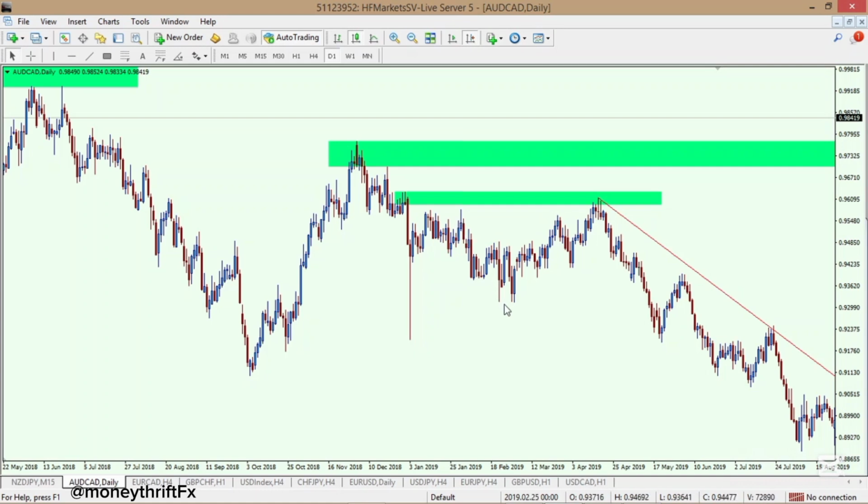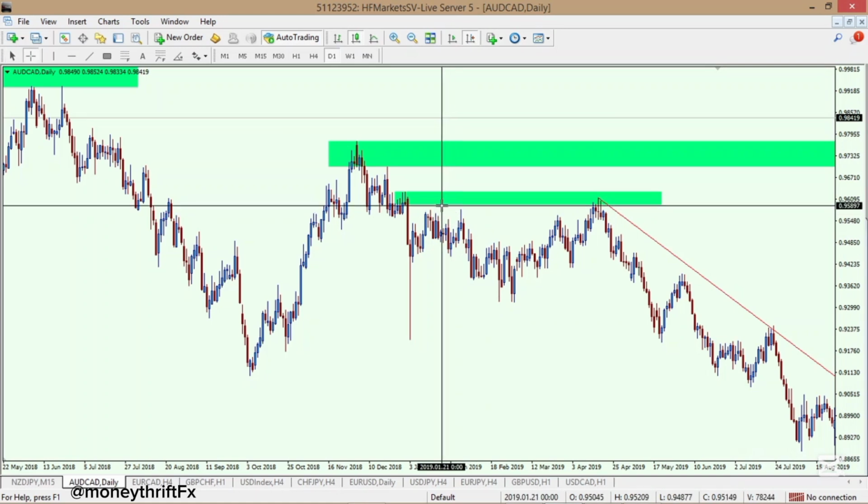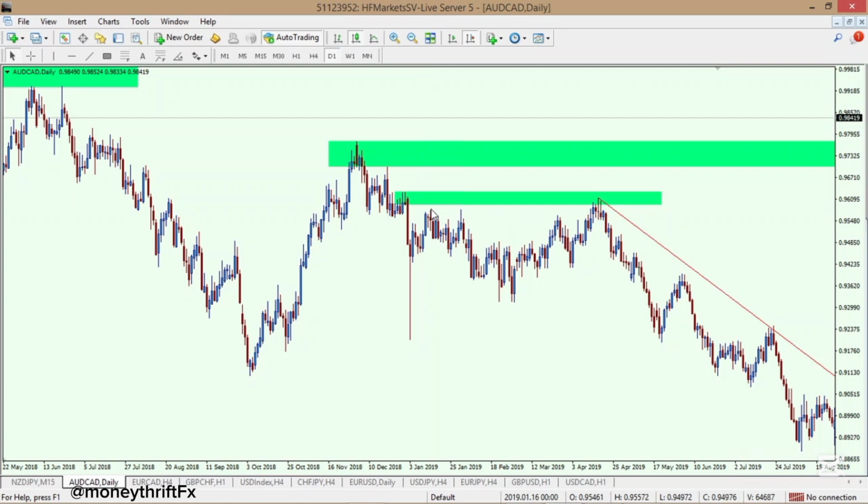But the thing is that as people sell from double tops, they usually put their stop loss just behind that double top. So they put their stop loss maybe above here. So this would be most people's stop loss. Let me put a trend line there. So let's say some people put their stop loss just here, that red line.